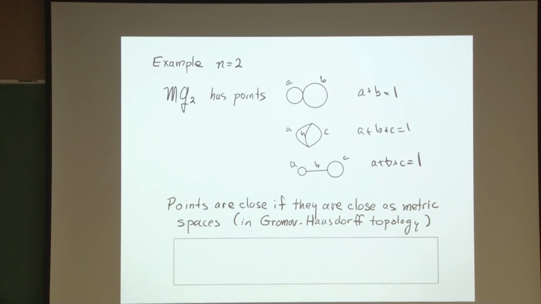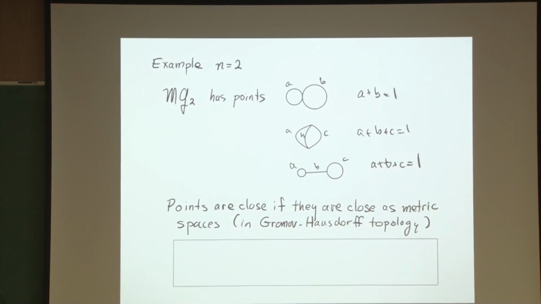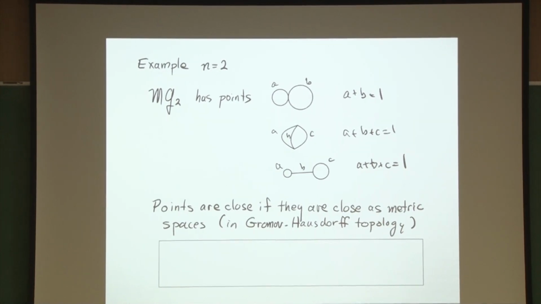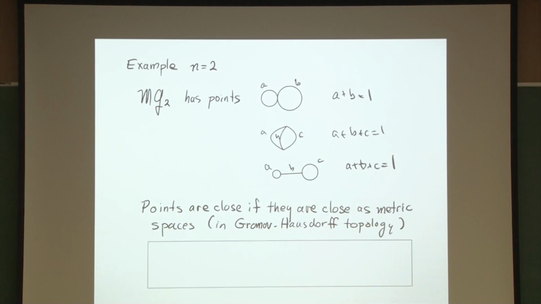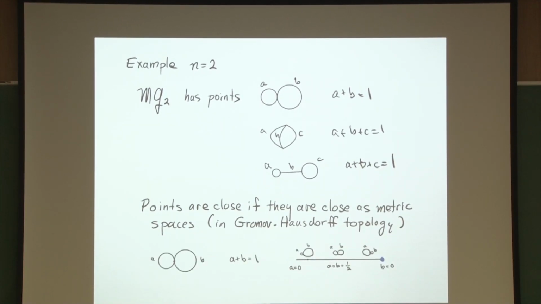So all I've said so far is a set of points, and so I need to make this into a topological space. So I say points in this space are close to each other if they're close as metric spaces. In other words, you put the Gromov-Hausdorff topology on them. So for instance, there's a whole set of graphs with a plus b equals 1 that forms a whole line.